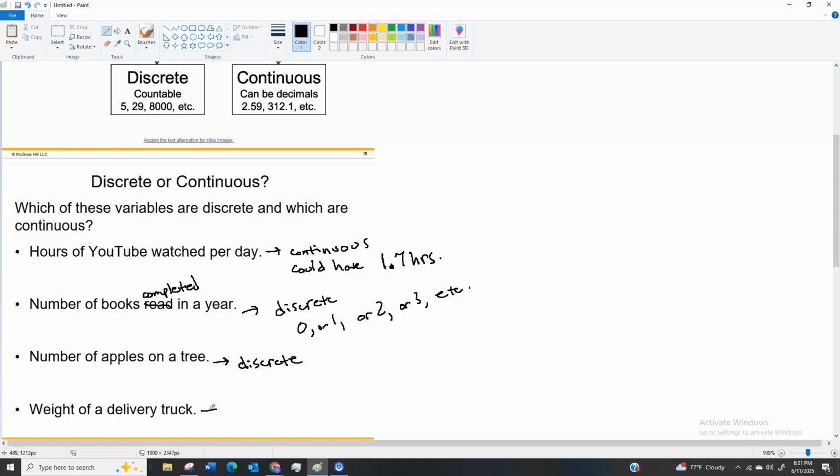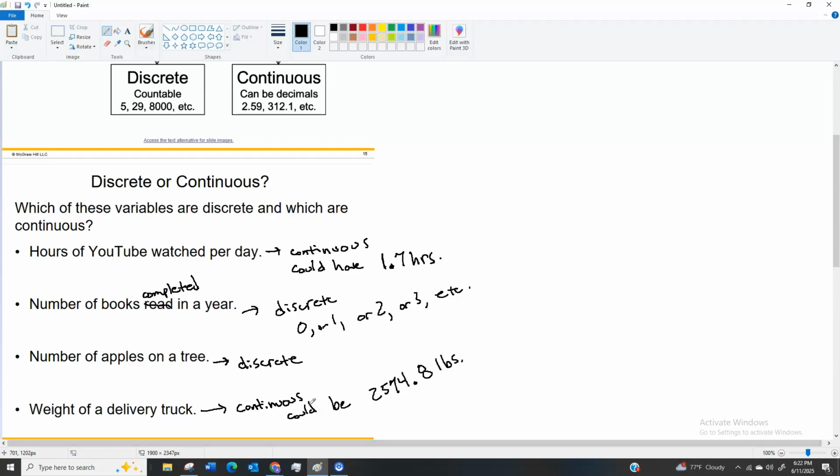And then weight. Pretty much anything that can be measured with some sort of an implement, like a measuring stick or a thermometer, those tend to be continuous because, again, you can measure in between. And so the weight of a delivery truck, if you're measuring in pounds, 2,574.8 pounds would be reasonable.